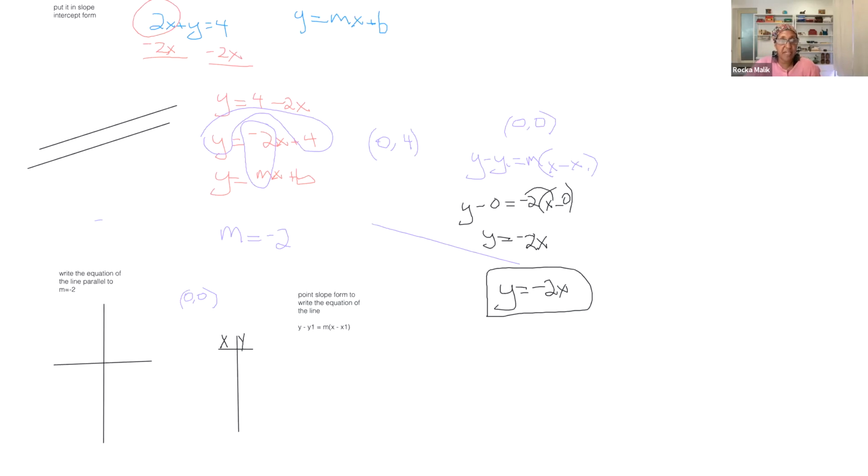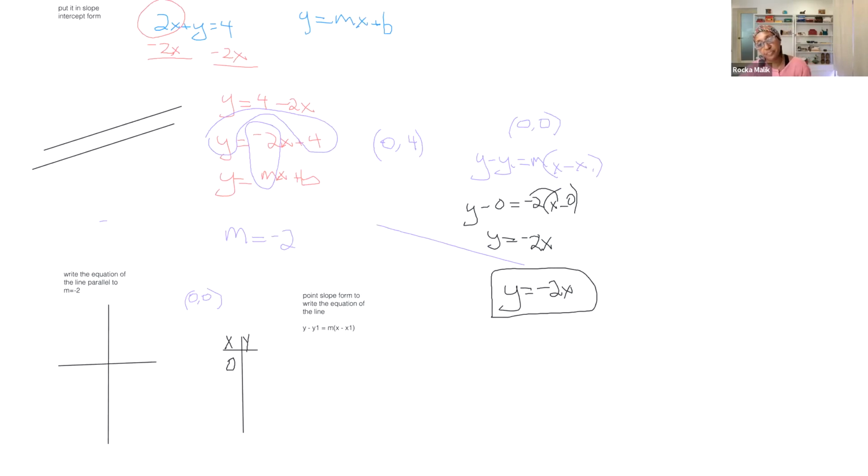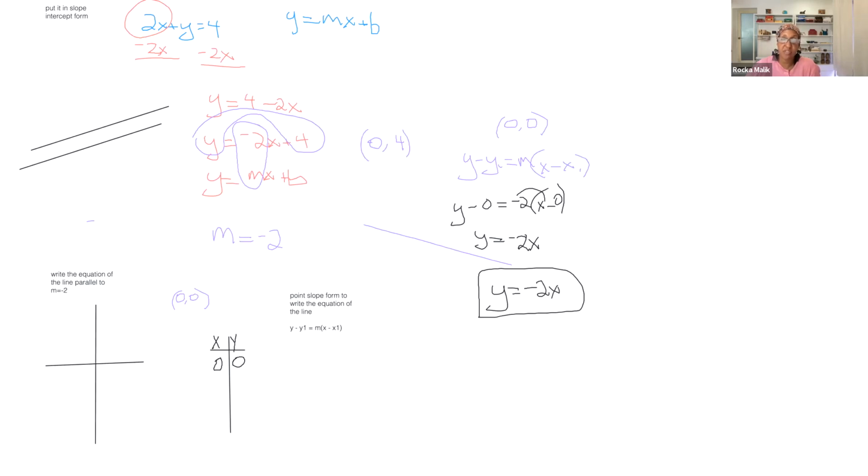So if X is 0, what's my value for Y? 0 times -2 is 0. But I knew this. I knew that 0, 0 was a point on my graph because I chose those easy points.